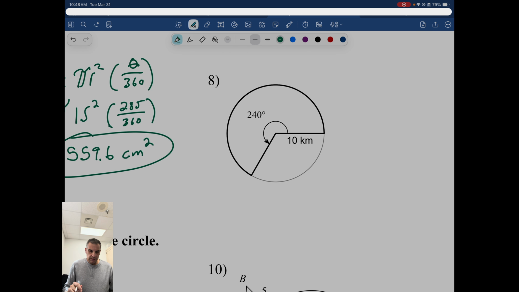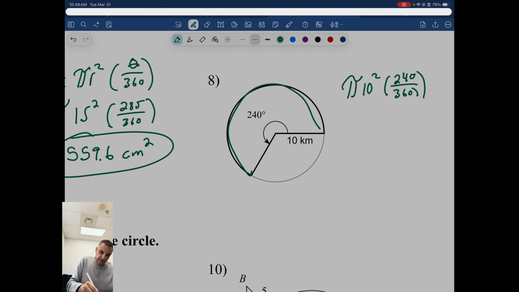Number 8. So pi times 10 squared times 240 over 360. This is the area that I want to find.